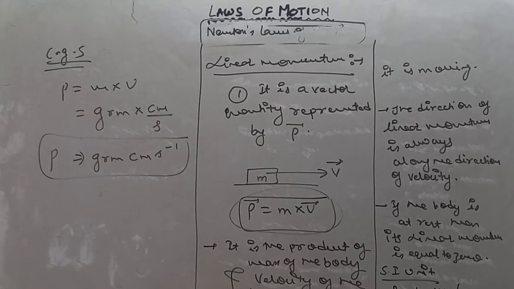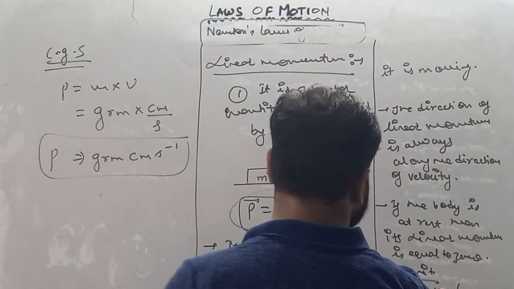If the body is at rest, then its linear momentum is equal to 0. The SI unit of linear momentum is kg meter second inverse. The CGS unit is gram centimeter second inverse, because the SI unit of mass is kg and the SI unit of velocity is meter per second.